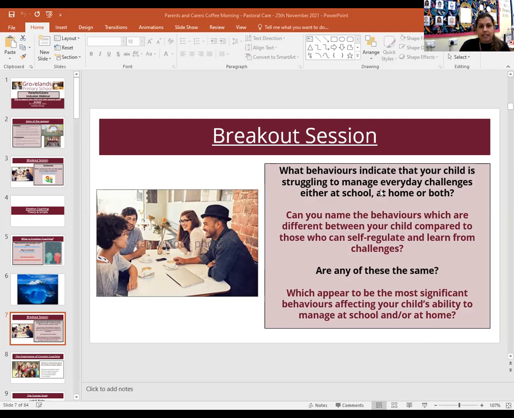And sometimes we won't see those behaviours at school, but we are very aware that children can be very different in different settings.